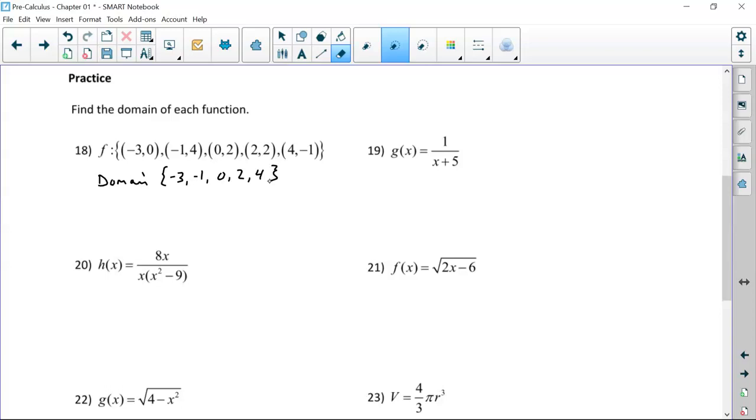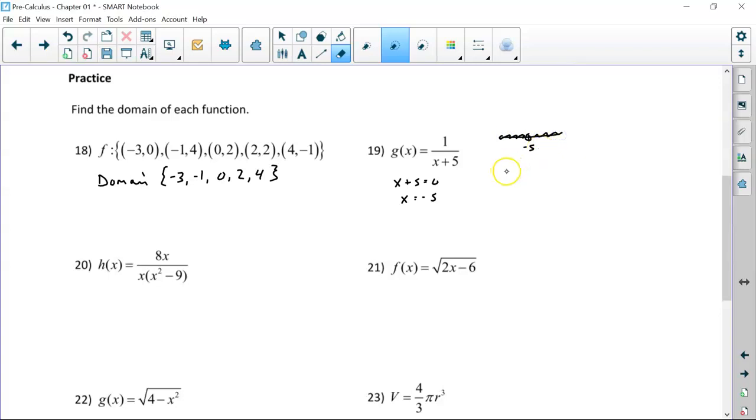For the other ones, their domain is going to be intervals or continuous. For number 19, 1 over x plus 5. Set that denominator x plus 5 equal to 0. X equals negative 5. So if you're thinking that number line, here's our negative 5. That's the only number we can't have. We can have everything else but that.